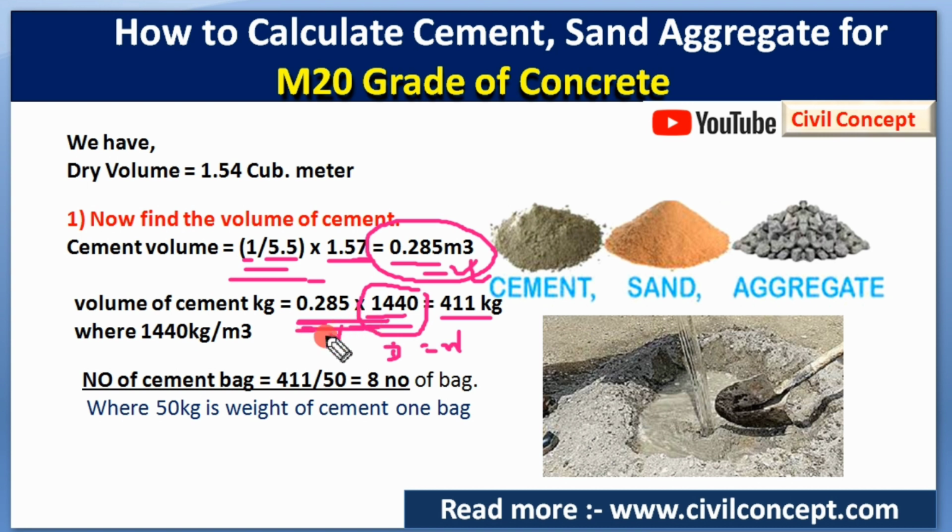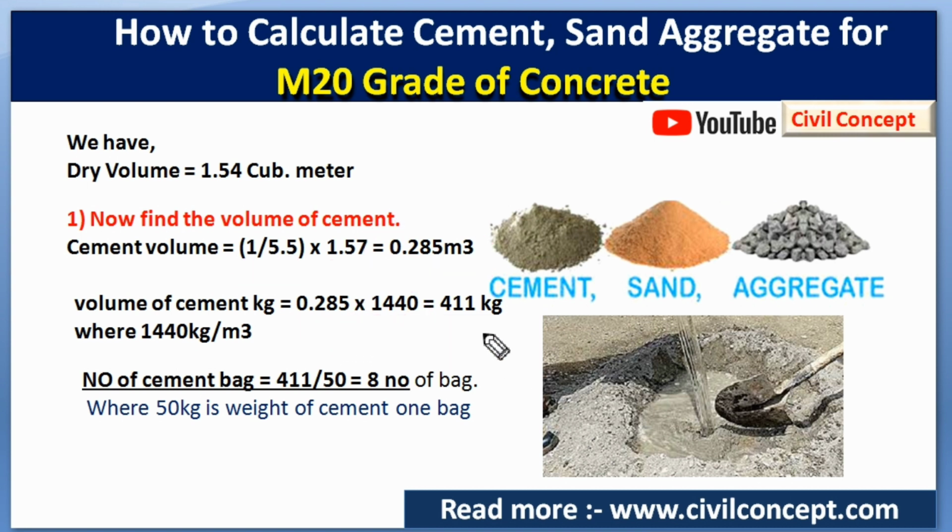After calculating, we will get 411 kg of cement. If we divide it by 50, because one bag of cement contains 50 kg, we will get the number of bags. So 411 divided by 50, we get 8 bags. We have calculated the number of bags from 1 cubic meter of concrete.